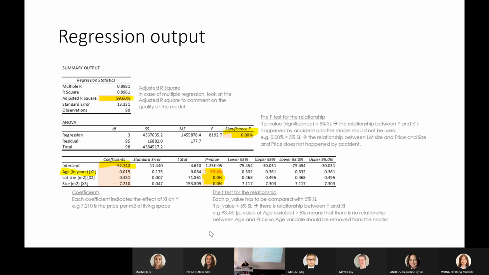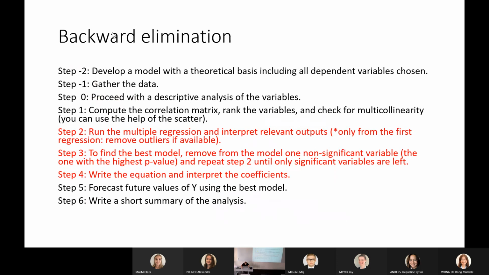So if we want to have a good, reliable model, we have to disregard the age. We will have to exclude the age and make another regression without it. Once again, we will start in the exam from step 2 on.